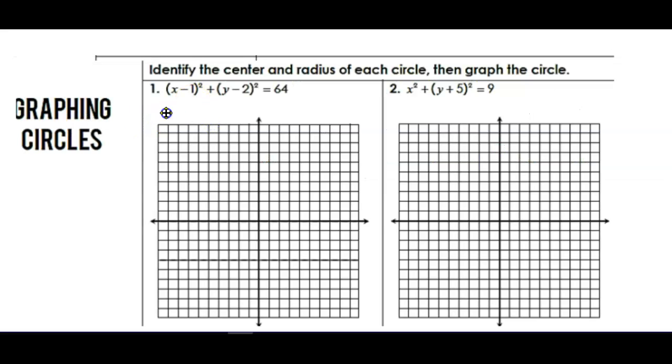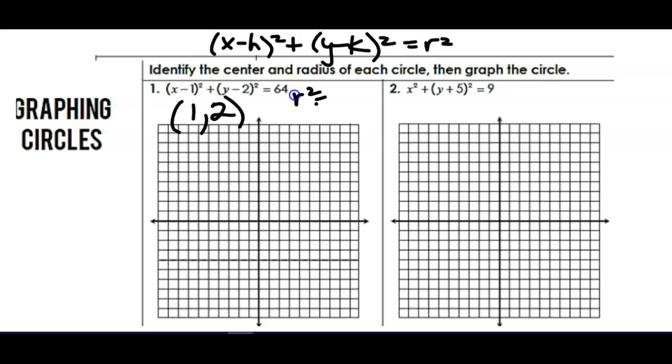So in this given problem, since it's x minus h, the opposite of this would be 1, the opposite of this would be 2, and r squared is 64, so r is 8. We can't have a radius of negative 8, it's a distance, so it has to be positive.